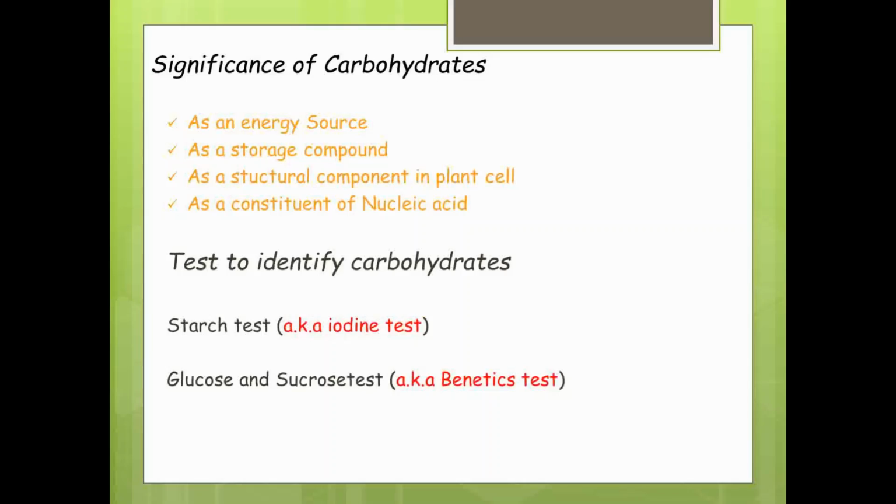Then we should take iodine. We know iodine, and we take an iodine drop and add it to the food we mixed with water. If we mix it, we can see a color change, a purplish blue color.